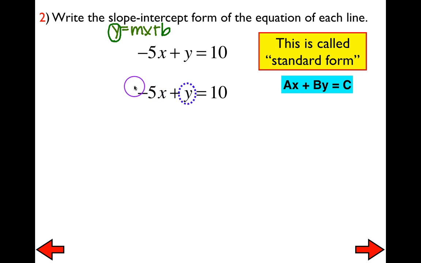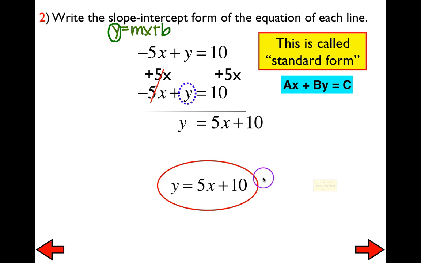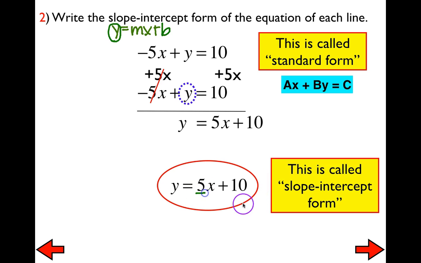So in this case, I need to get rid of the minus 5x. I'm going to do the inverse, which is to add 5x to both sides. This is going to cancel out, leaving me with y equals, again, the variable should come first because that's how the form is normally written. So I'm going to write that as y equals 5x plus 10. Now this is what we would call slope-intercept form, where 5 is my slope and 10 is my y-intercept.